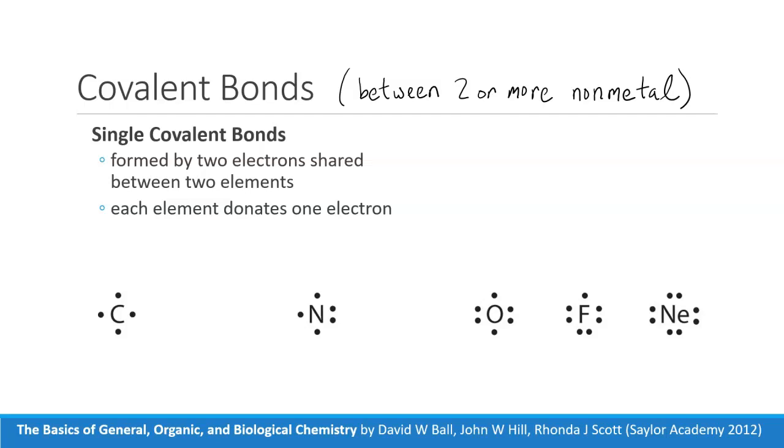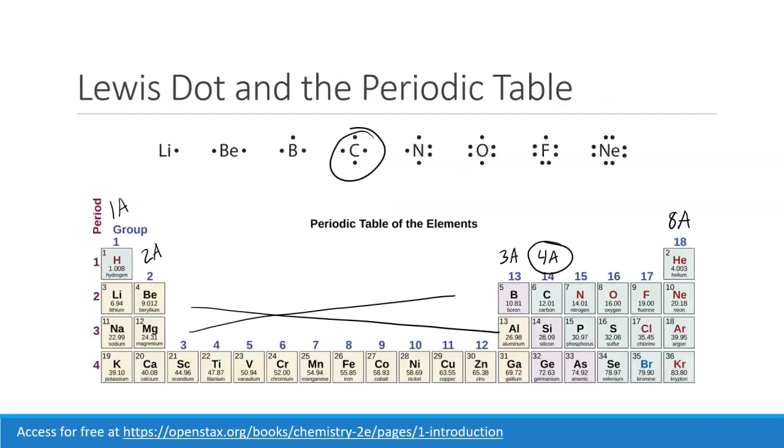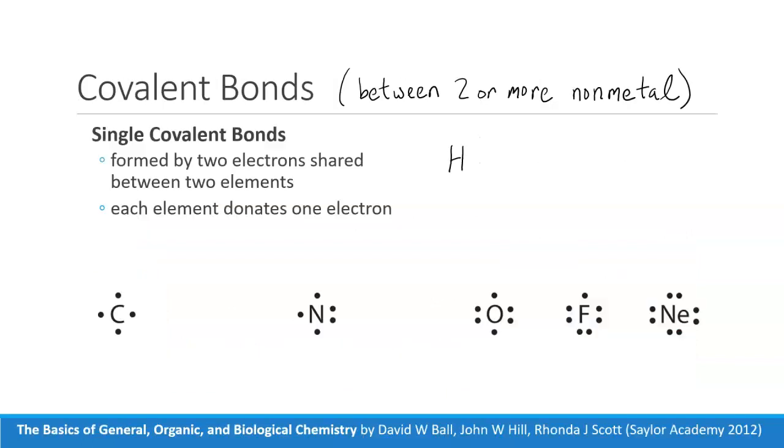And the simplest example is a hydrogen atom. So a hydrogen atom, remember that it's in group 1A. So it only has one valence electron. And remember that hydrogen is considered a non-metal. So if we take two hydrogen atoms that each have one valence electron, they can form a bond by sharing these two electrons.